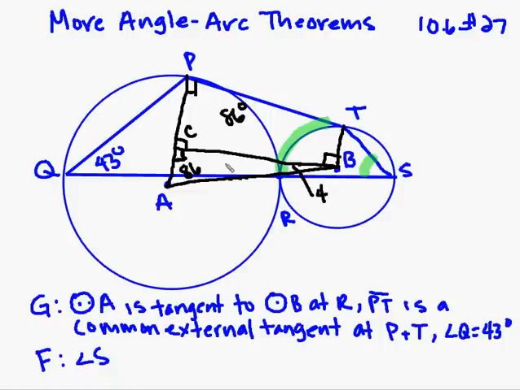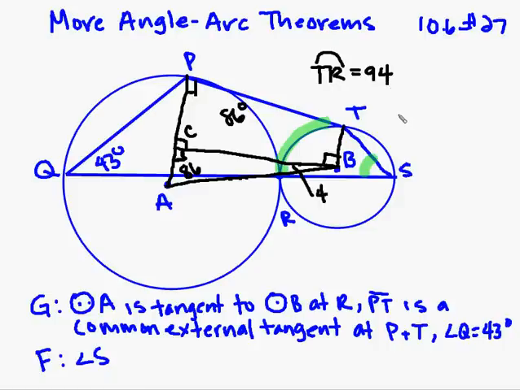If angle ABC is 4 degrees and TBC is 90 degrees, because I have a central angle here that's 90 degrees, then I know that arc TR is going to be 90 plus 4 degrees. So arc TR is equal to 94 degrees.